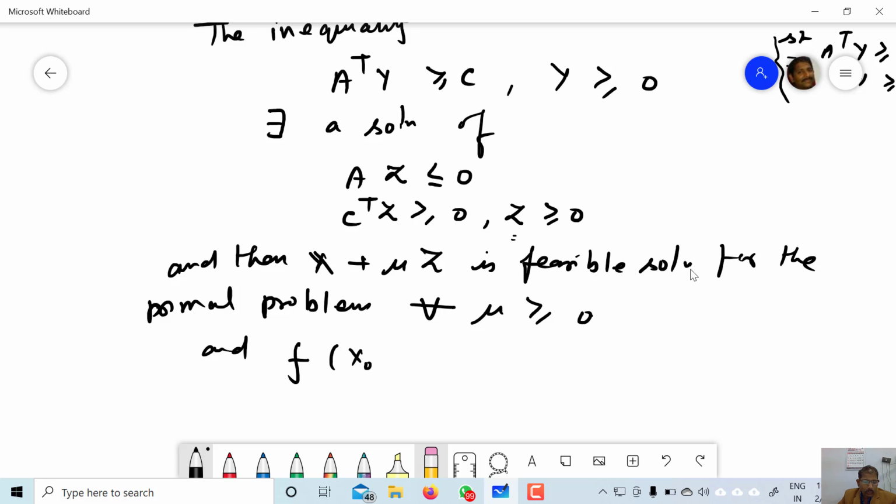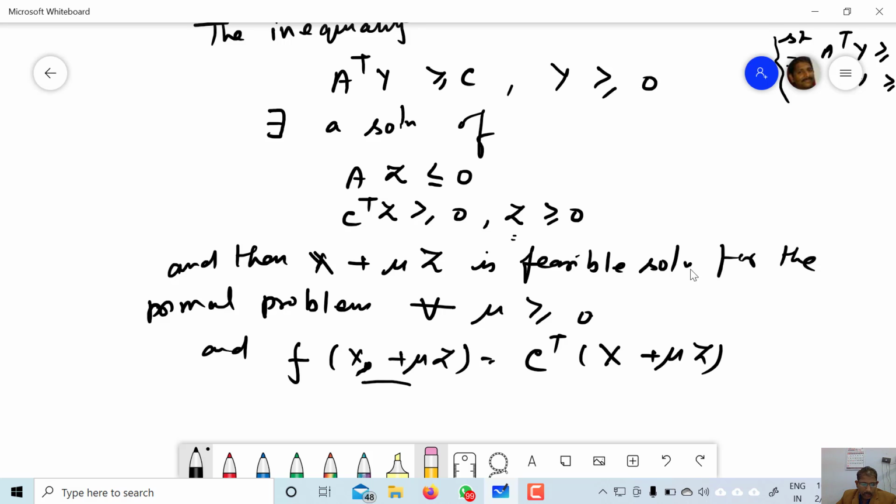The function of x0 plus mu z, if you put this value into the actual function, because it is proved that it is also a feasible solution of the actual problem, therefore we can write this into the actual equation, and the actual equation now becomes f(x plus mu z) equal to c transpose (x plus mu z).